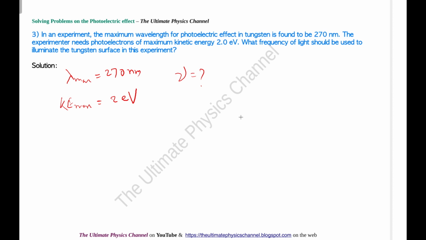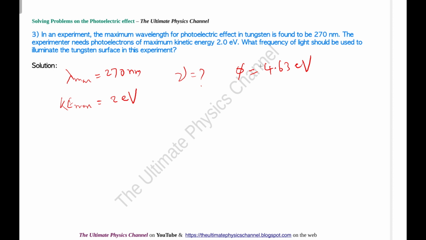The work function of tungsten is not given. If we collect it from the standard tables, we find that it is 4.63 eV. Fine. We have to calculate the frequency.